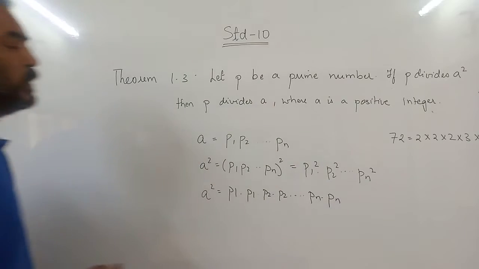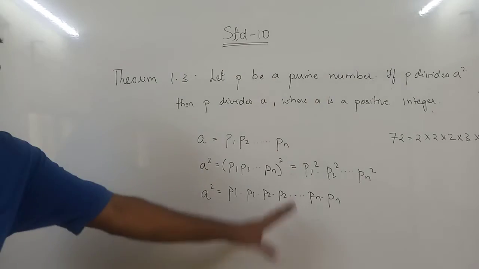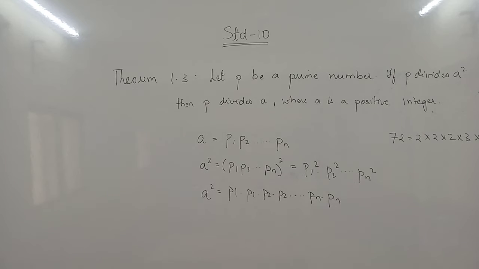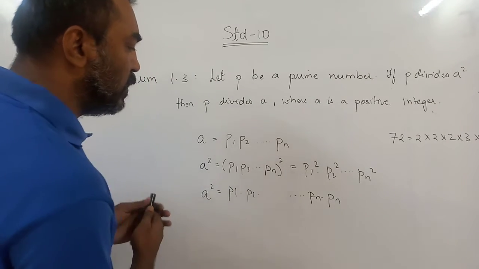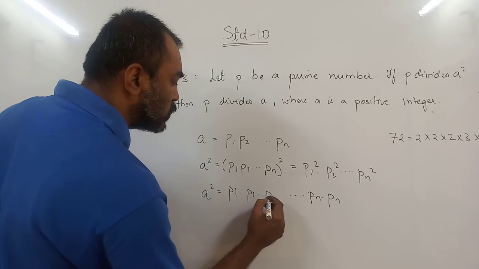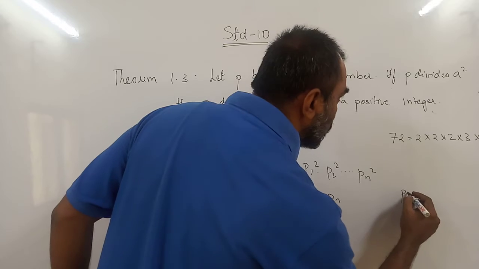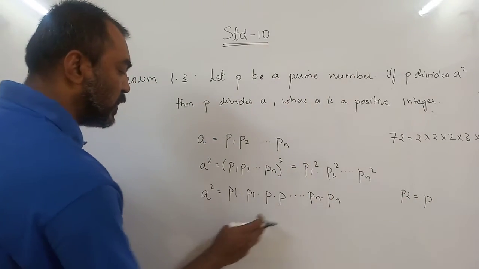Now one of these factors is P. You can call any of the factors P, because we are given the statement that P divides A. P is a prime number which divides A. So one of them is P. Let us say this P2 is P, because it is given that A square is divided by P. For simplicity, P2 is P. So P was the factor dividing this.